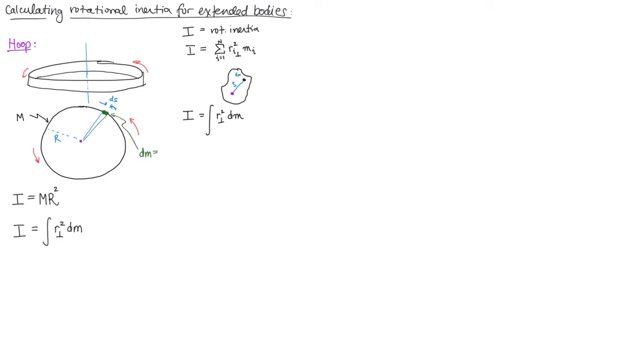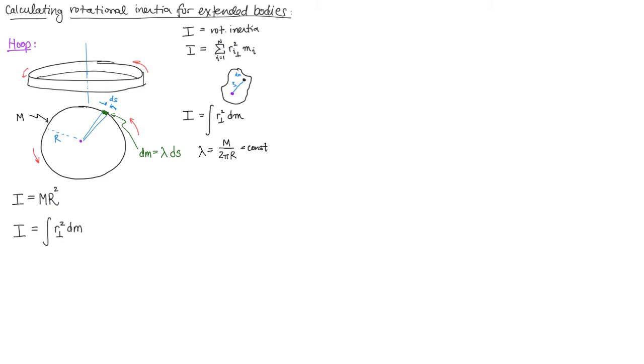Well, if we knew the linear density of the material, lambda, and multiplied it by the length ds, that would tell us the mass. What is this lambda? It's the total mass of the hoop divided by the total perimeter of the hoop, 2 pi r, and it's a constant. It'd be like the density of the material.